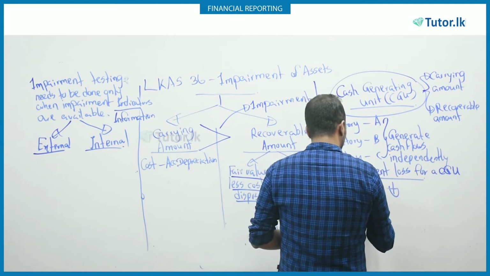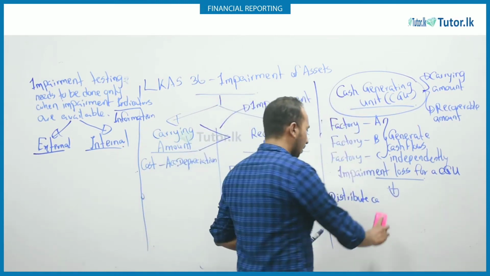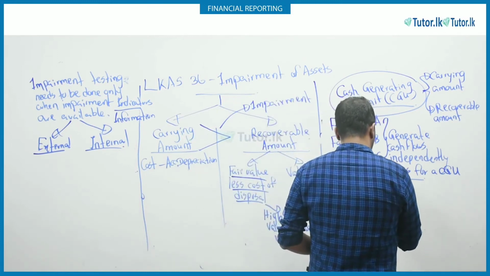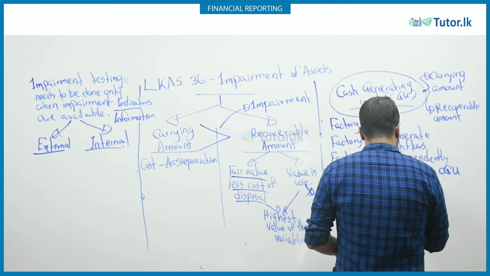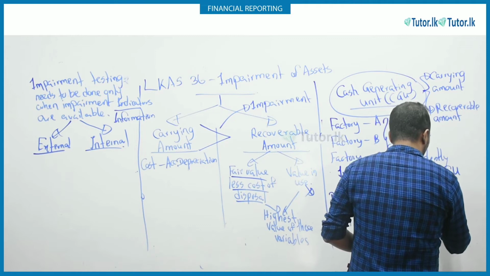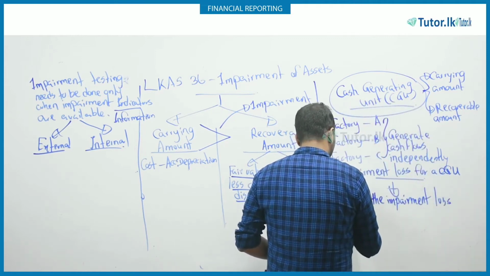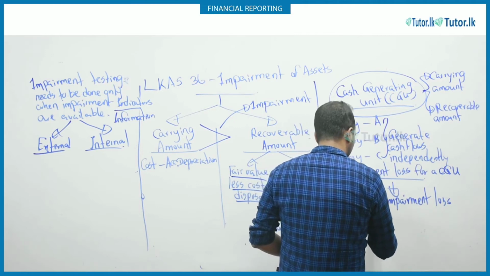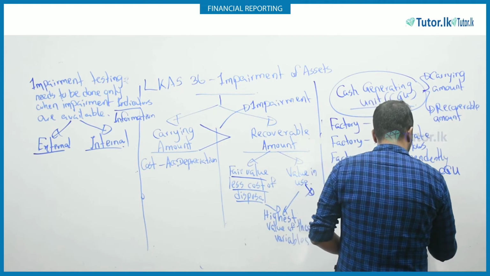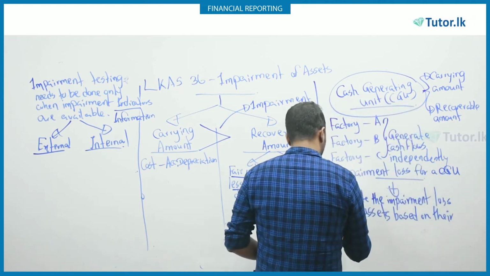Distribute the impairment loss among assets based on their relative carrying amount.